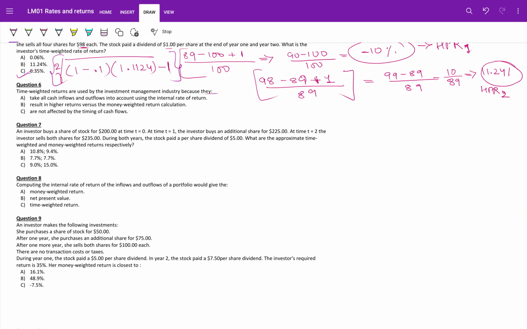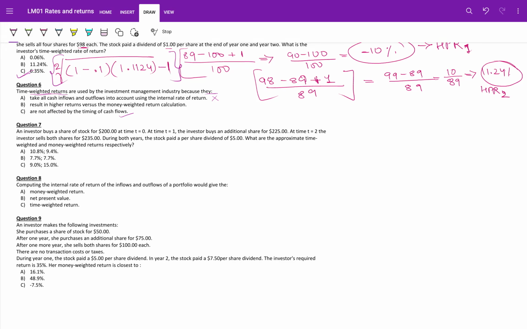So time weighted rate of return is preferred because it is not impacted by the timing of the cash flow. If you look at option A, take all cash inflow and outflow into account using the internal rate of return. Internal rate of return is not calculated when we talk about time weighted rate of return.